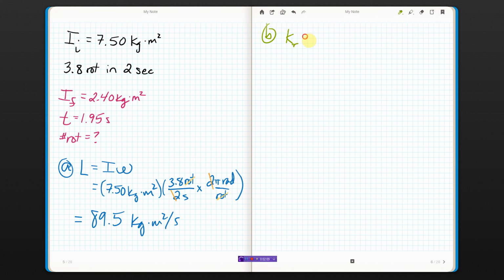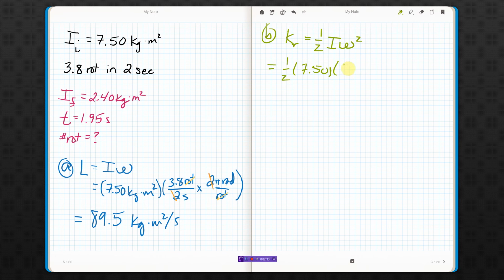Rotational kinetic energy is 1/2 I omega squared. I just did omega down here, so I'm going to skip through that a little bit. So I've got the 1/2 I. I'm going to leave the units off this time just to save space and time. And I've got the 3.8 rotations over 2 seconds times 2 pi radians.